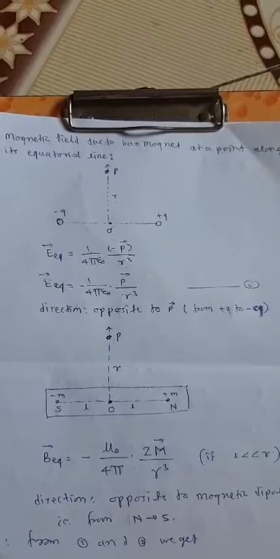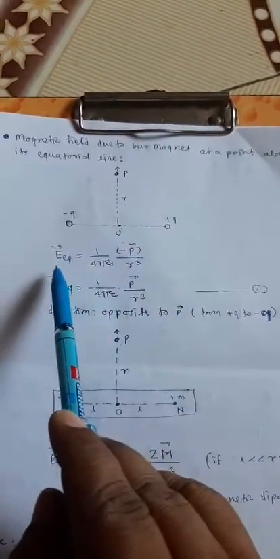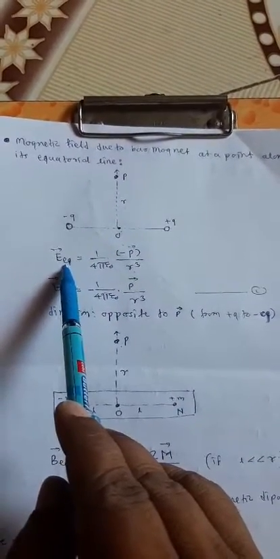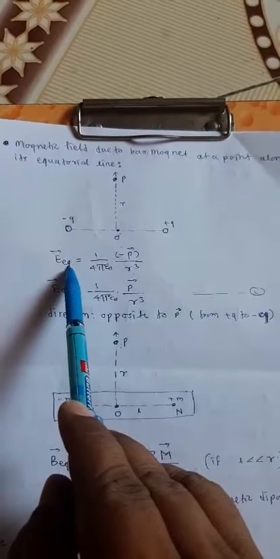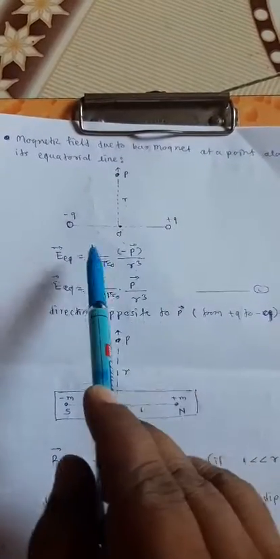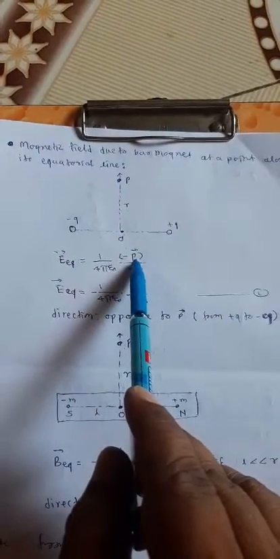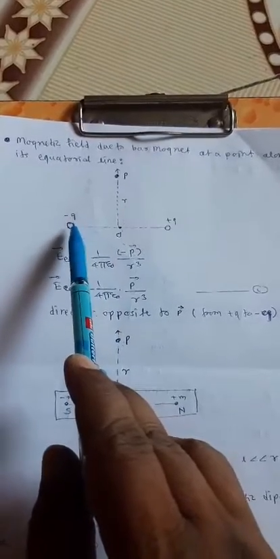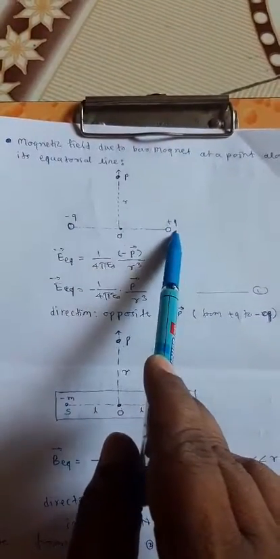In case of electric field, the intensity of electric field at point P is directed away from the dipole. The direction of P, the dipole moment, is from negative charge to positive charge, but the direction of E equatorial is from positive to negative charge.